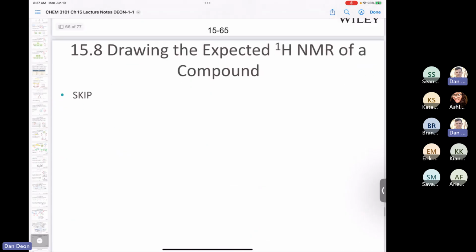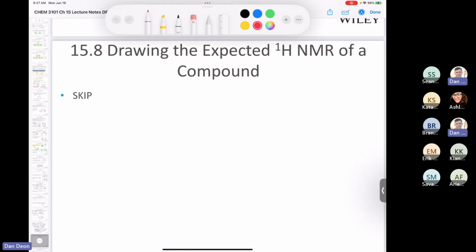So section 15.8, now it says here skip. Now let me just cover this whole thing here. The reason I put skip is because I don't ask my students to draw an NMR spectrum. Even if you're taking the paper quizzes version in the fall or the spring, I don't ask my students to draw NMR spectra. I tried it before, but the reason I don't is because it's very difficult to grade.